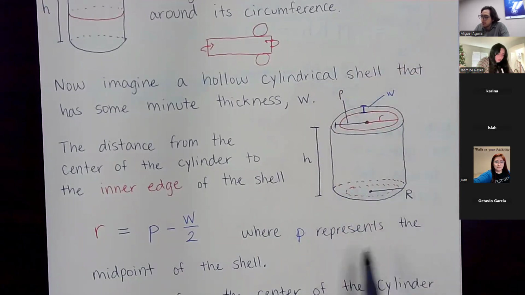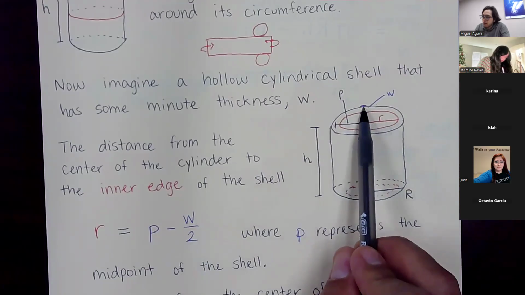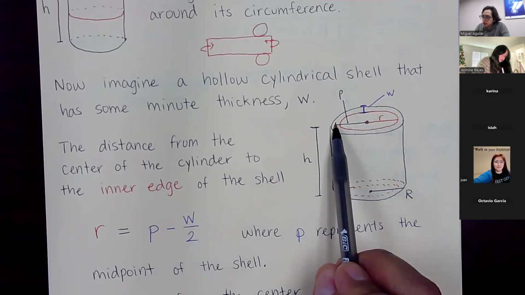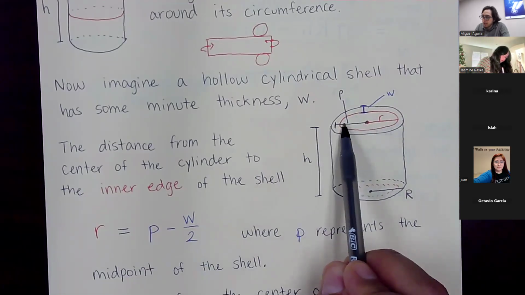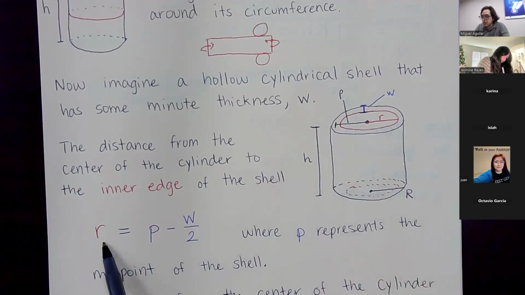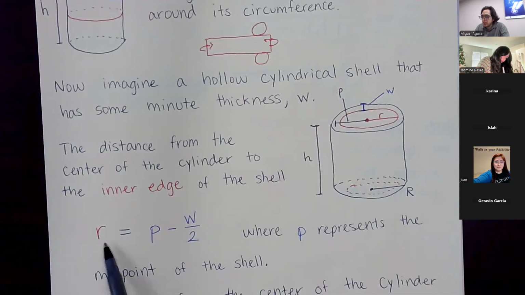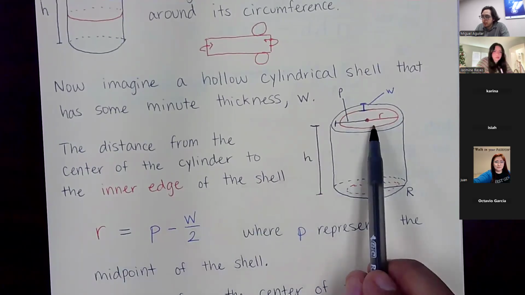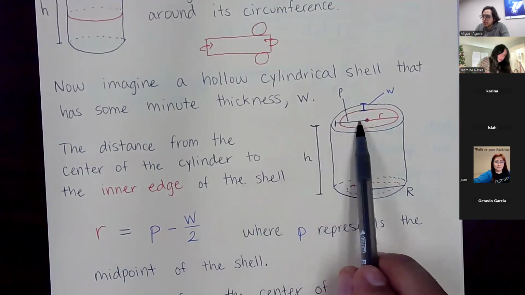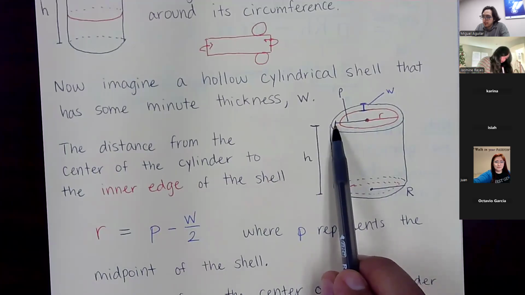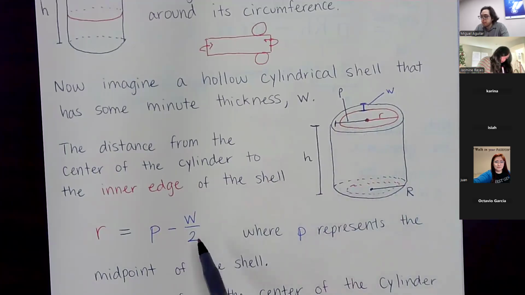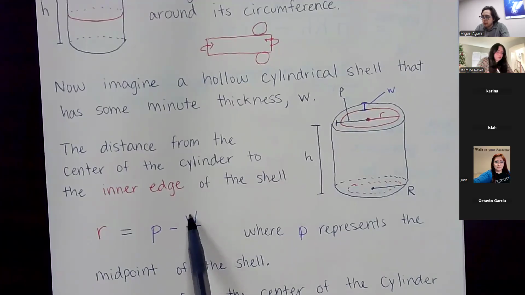So p minus w over 2, half of the width of the shell, will get you back to this inner radius. We're using lowercase r to represent that inner radius, and p is the average radius to the center of that shell's thickness. That's why you have to subtract half of the width of the shell.